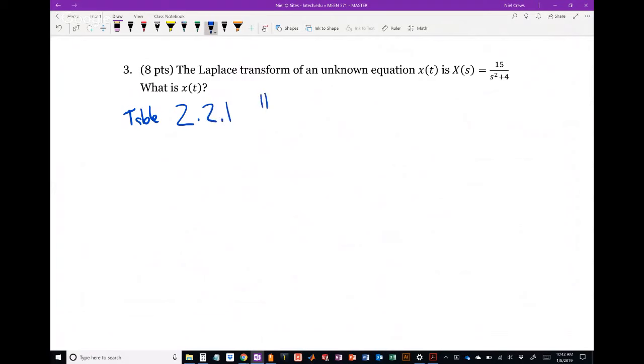We're looking at case number 8. It says that if x of s is equal to b over s squared plus b squared, then x of t is going to be equal to sine of bt.